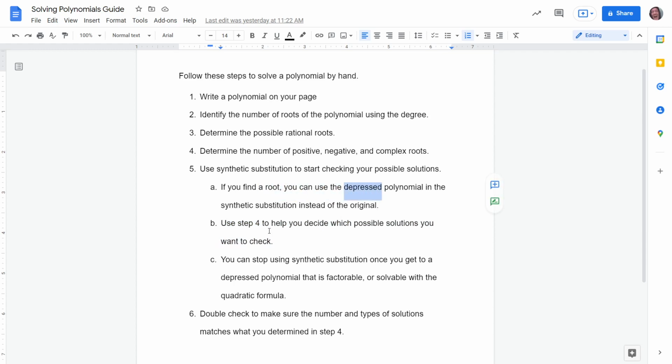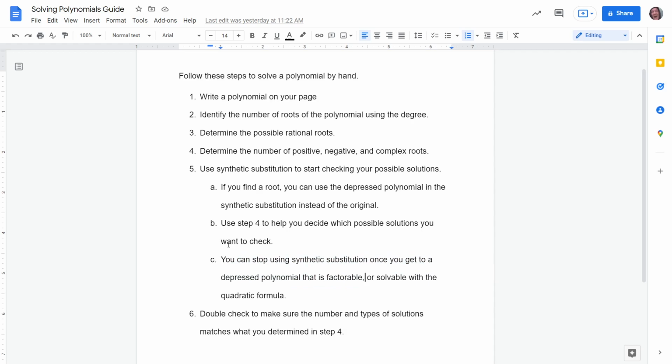And you can do that in combination with Descartes' rule of signs to decide whether or not you need to keep checking them. If I'm looking for one negative and I find it, I'm not going to look through any more negatives. I found them already. So I'm going to switch over to the positives and start looking through those ones to see what I can find.